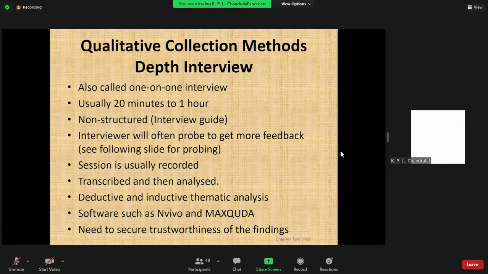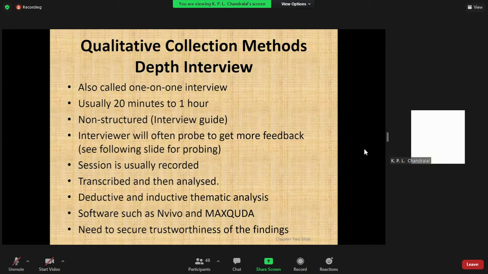That means in a quantitative study, we have predetermined questions. All the questions, scales, all these things are pre-decided. But when we undertake in-depth interviews, usually we have only an interview guide.